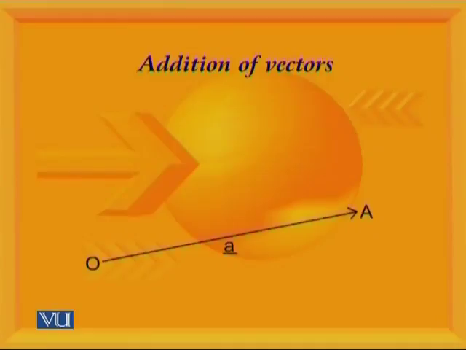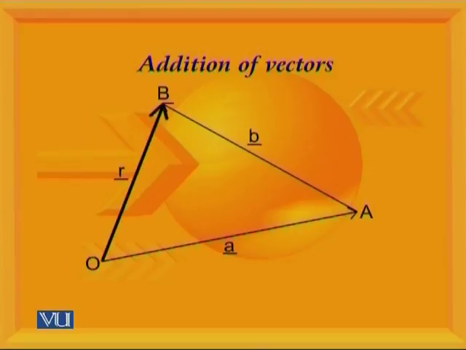Here we have a vector from O to the point A, and the vector from A to the point B, and a vector from O to the point B. Here we are adding the vectors A and B and getting the resultant vector, that is R. This is the law of triangle: if you have these vectors A and B along adjacent sides of a triangle in this direction, then the vector along the third side in the opposite direction will be the resultant vector.